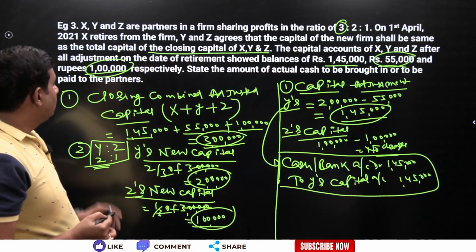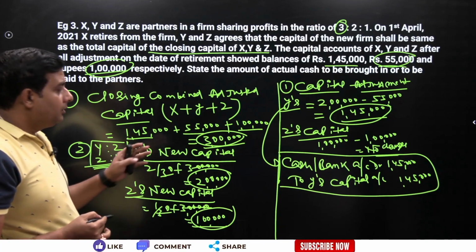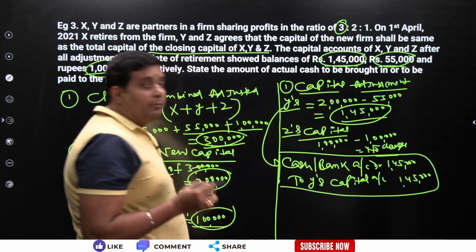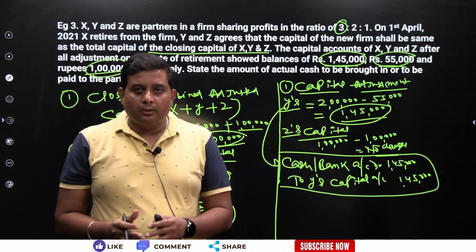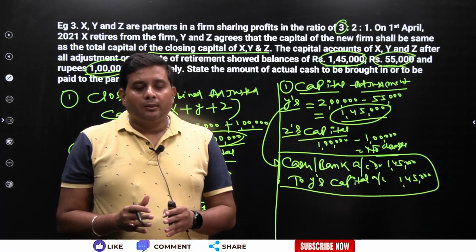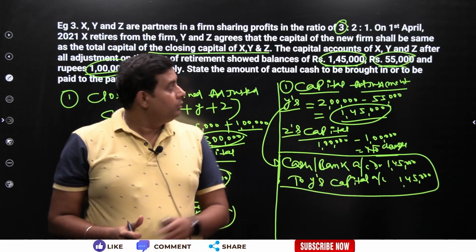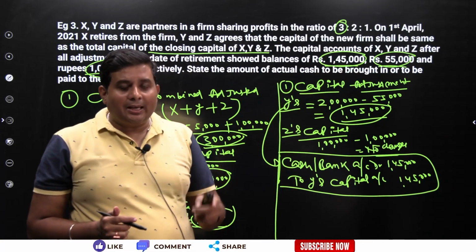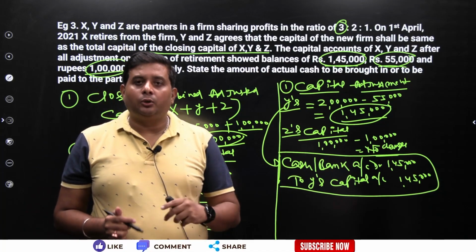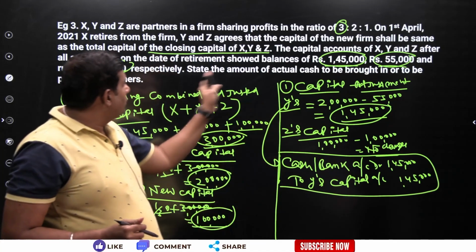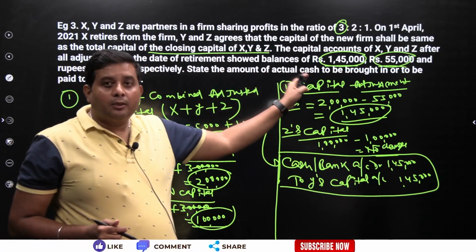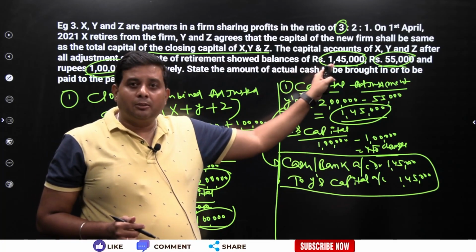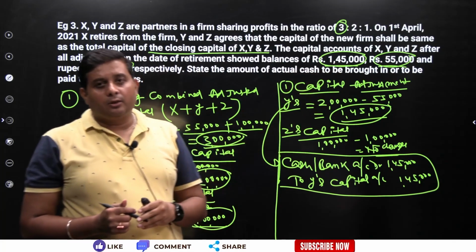Okay. Now, as far as the retiring partner is concerned, here the retiring partner is X. This must be given in your question. Suppose the question says that X's capital is paid immediately, then you have to pass X's capital account debit to cash/bank account. But if the question is silent, then you have to transfer this capital to his loan account. In this question, you didn't find anything stating whether X's capital is being paid immediately or not. It is not given in the question.